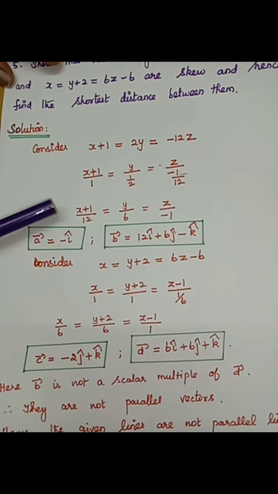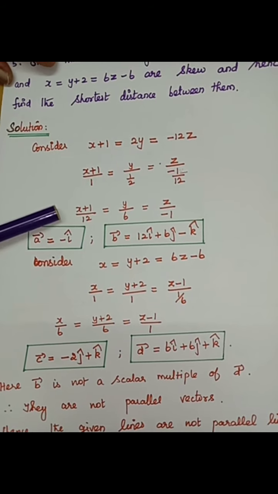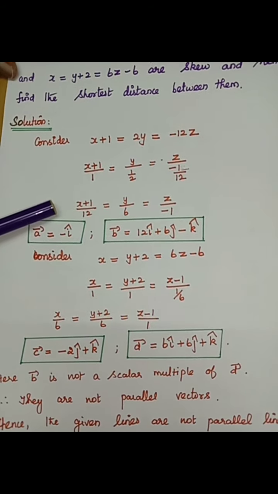From this line equation, we have to find the vectors, because the shortest distance is asked. First, A vector. A vector is nothing but the position vector of the passing point, and the passing point has to be taken from the numerator.